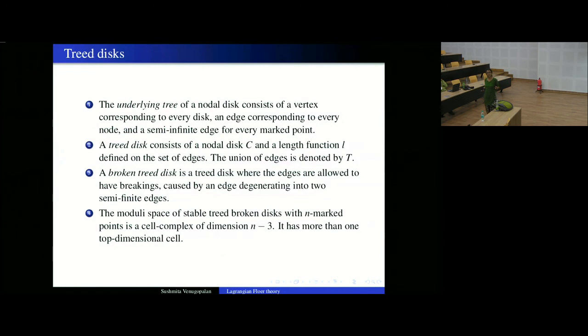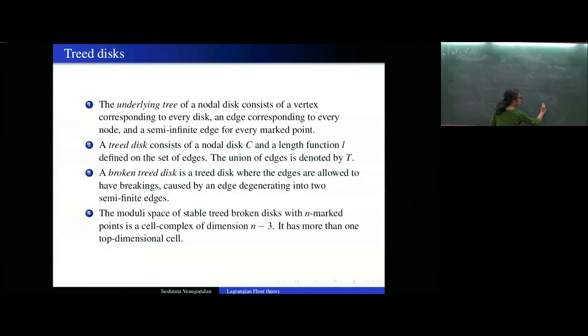By that I mean replace every disk by a vertex, every node by an edge, and every marked point by a semi-infinite edge. So for example, this is the underlying tree of this nodal disk. The ones with arrows are semi-infinite edges.